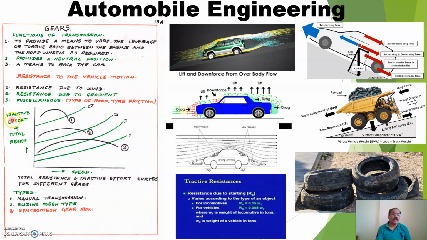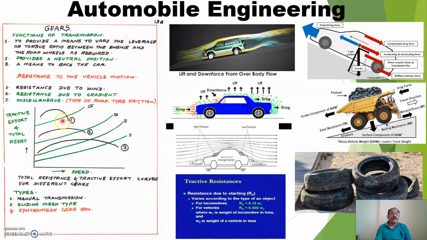So tractive effort plus total resistance is plotted against speed. Here different resistances are shown. This is the first resistance, which is lower, then second higher, third and fourth. This green line shows the resistances, meaning different vehicles have different resistances.